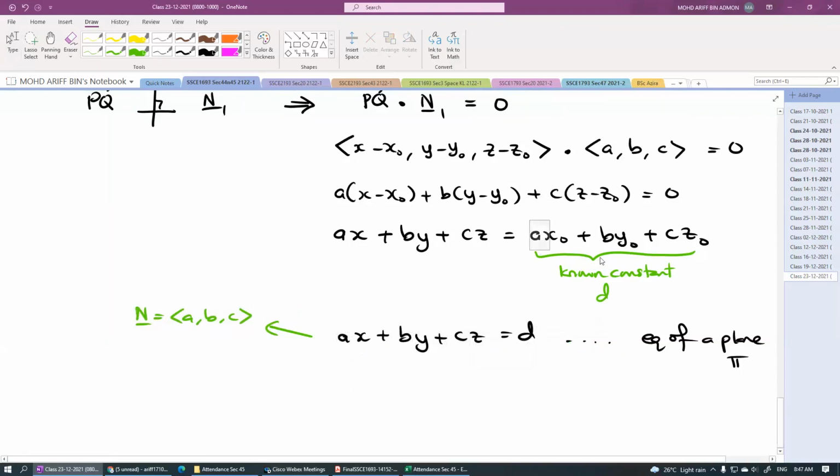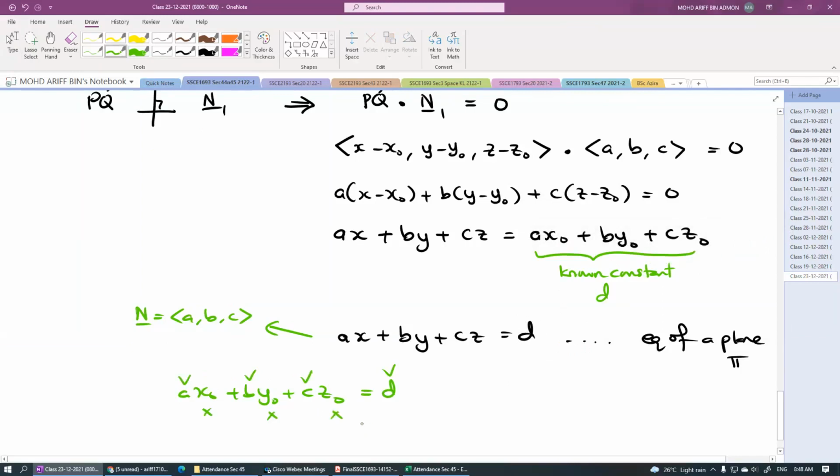From this equation, if you want to identify x naught, y naught, z naught, you have three unknowns. And if we equate this term with D, you can see here A x naught, B y naught, C z naught equal to D. Maybe D is known, A, B, C also known, but we don't know what x naught, y naught, z naught are.